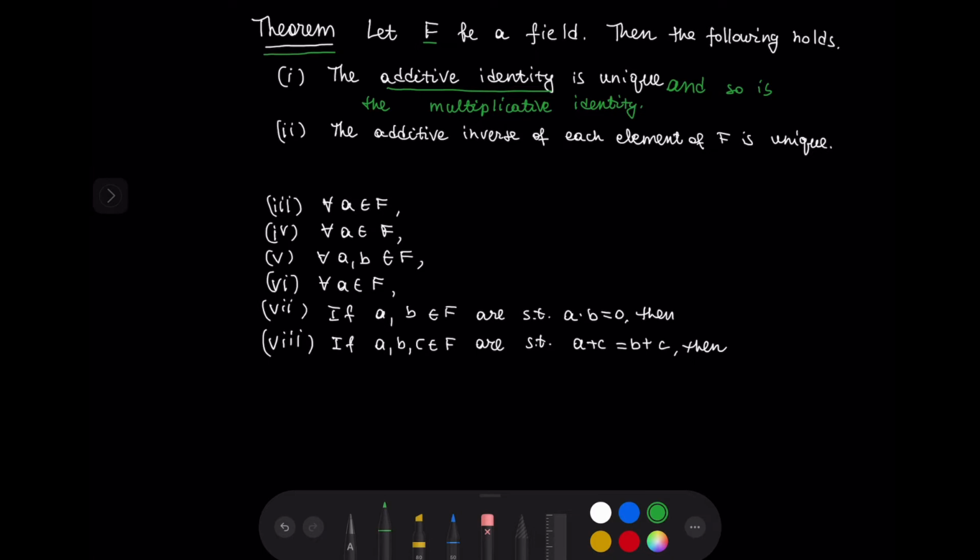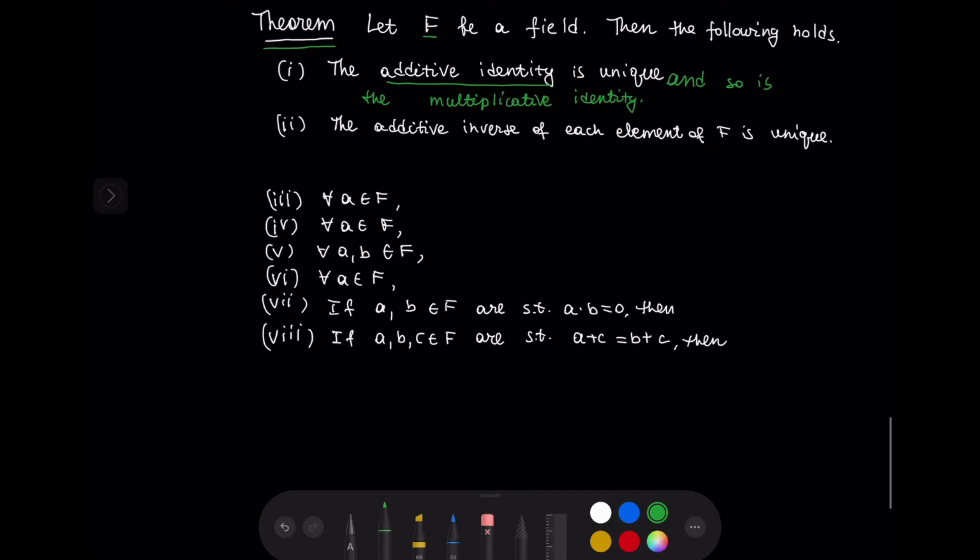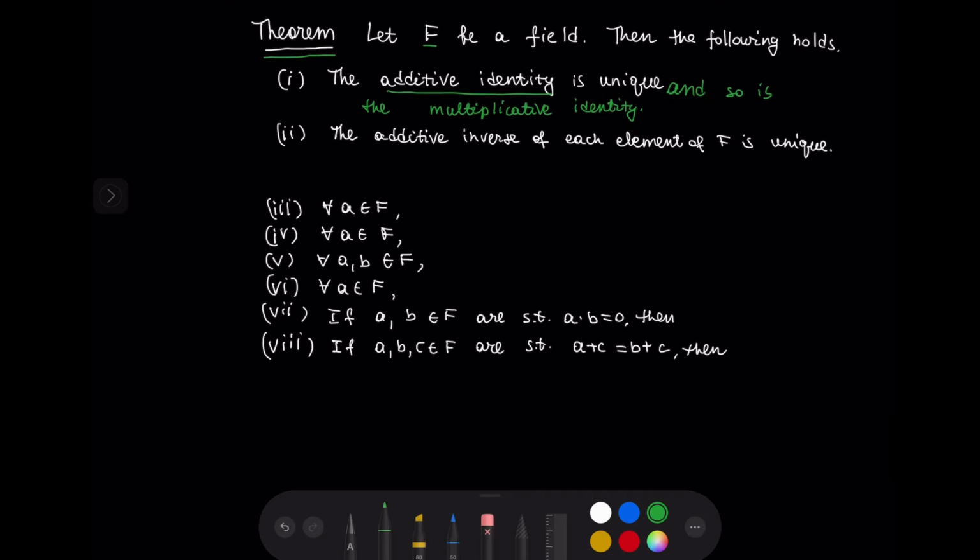Now the next property that we can derive from field axioms is that the additive inverse of each element of F is unique. And also the multiplicative inverse of each non-zero element of F is also unique.